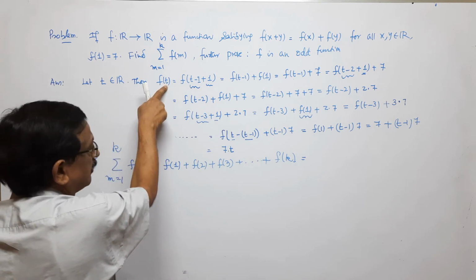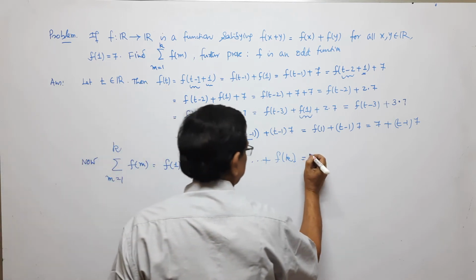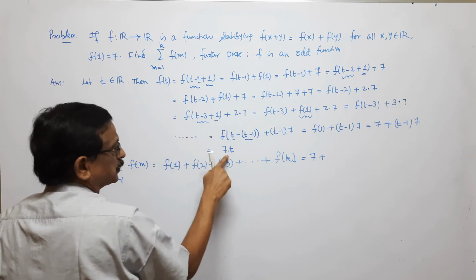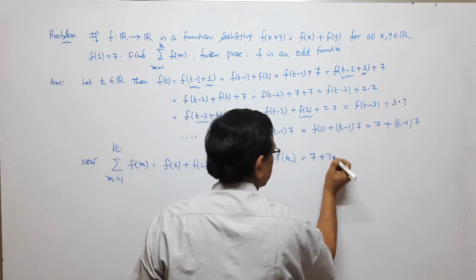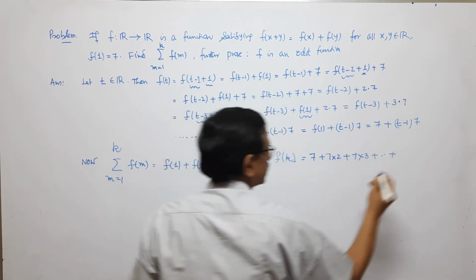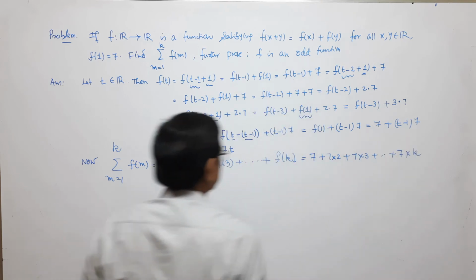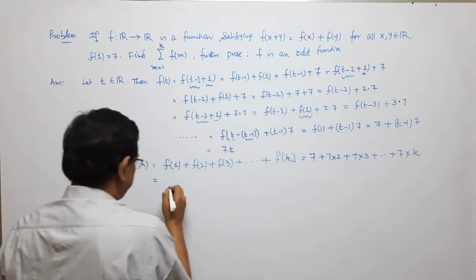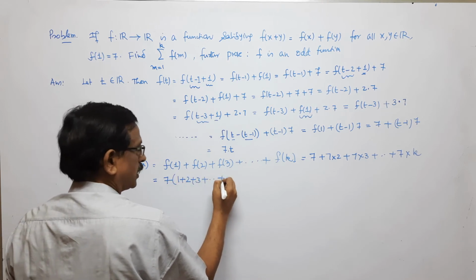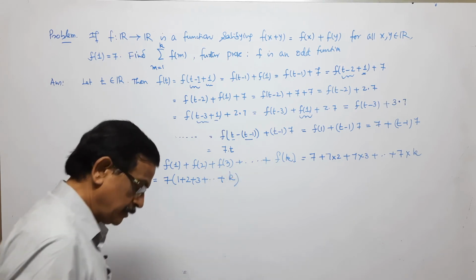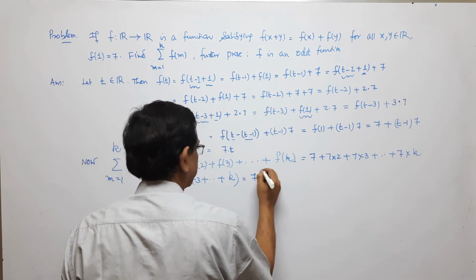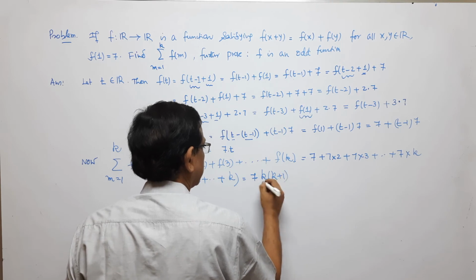If you substitute t equal to 1, f1 is 7, plus f2, t equal to 2, so it's 7 into 2, 7 into 3, and so on. Fk is 7 into k. So I can take 7 common, and I get 1 plus 2 plus 3 and so on up to k. Now this is the sum of the first k natural numbers. So I'll get 7 times k into k plus 1 by 2.